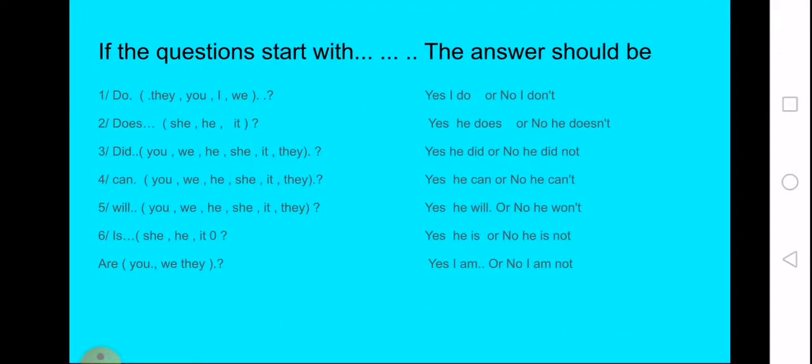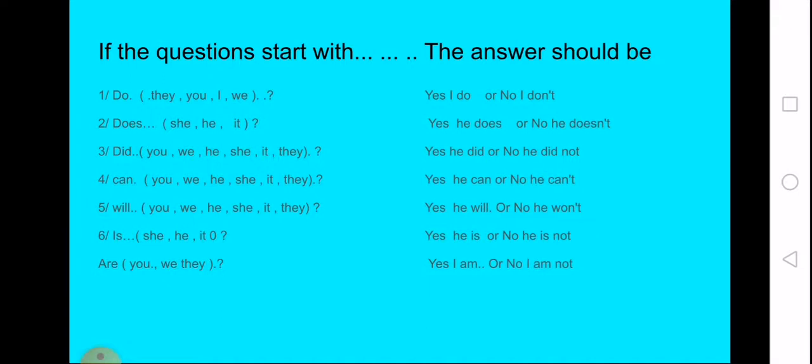If the question starts with do, if the question starts with do they, the answer is going to be yes, they do, or no, they don't. Do you? Yes, I do. No, I don't. If the question starts with does, the answer is going to be does. Yes, he does, or no, he doesn't, and so on.